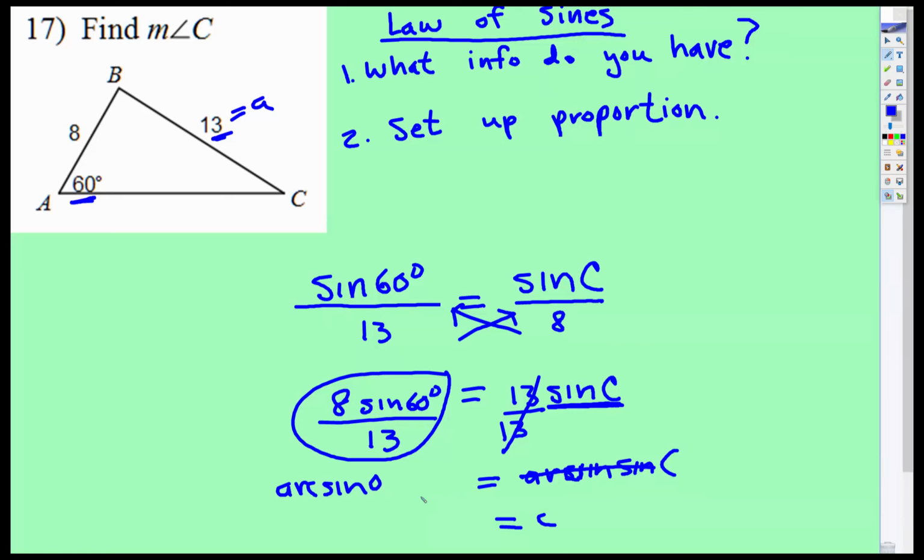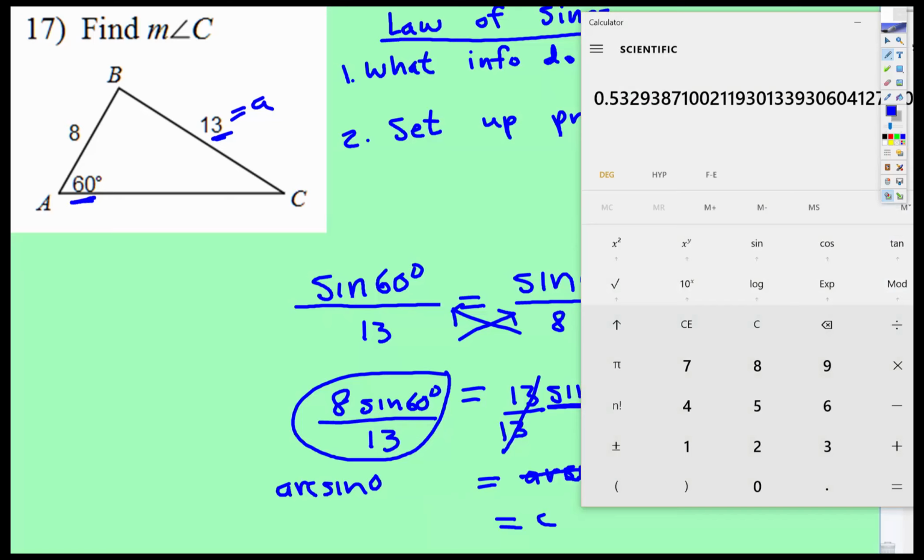Now look at that decimal number. I'm not going to be able to write it all down: 0.53294. I'm going to round to the 5th digit.